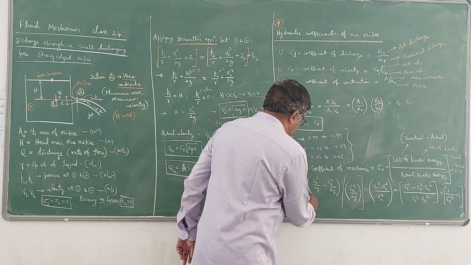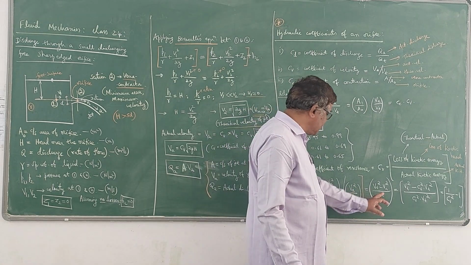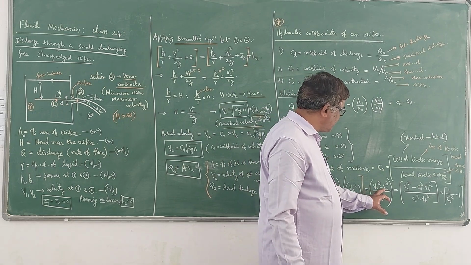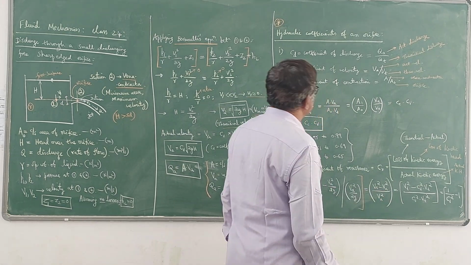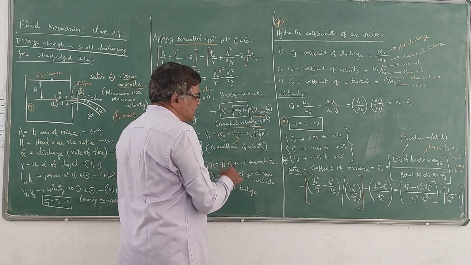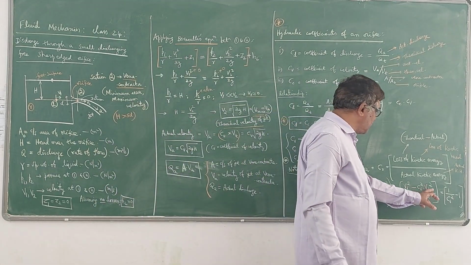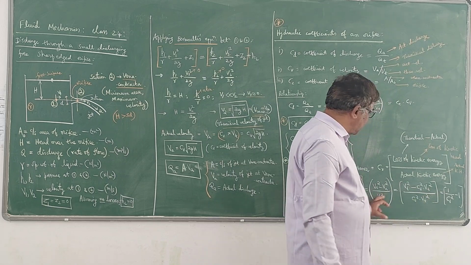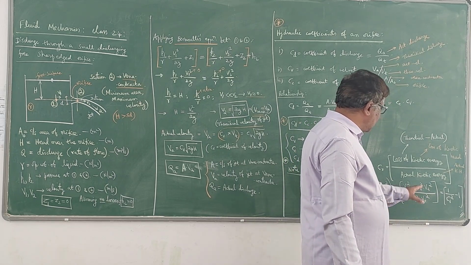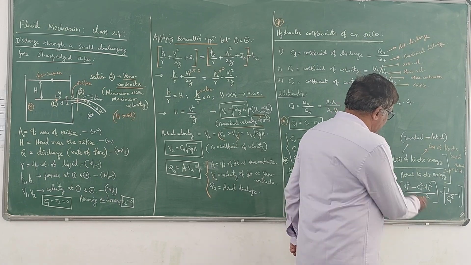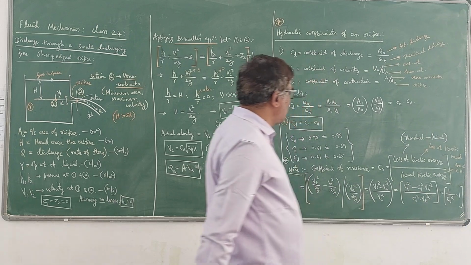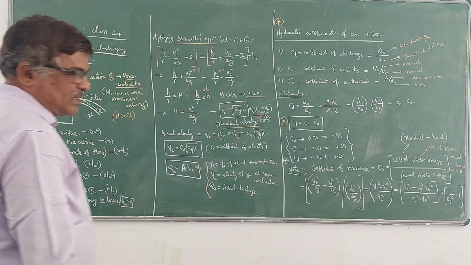If you simplify this, 2g can be cancelled out, and for Va, I can put Cv into Vt. So that means it is Vt squared minus Cv squared Vt squared, divided by Cv squared into Vt squared. You can take Vt squared common and cancel. So finally you get 1 by Cv squared minus 1. That is the expression for coefficient of resistance.